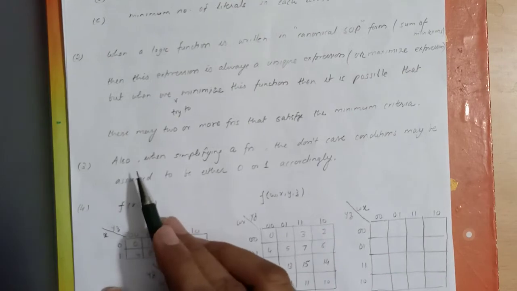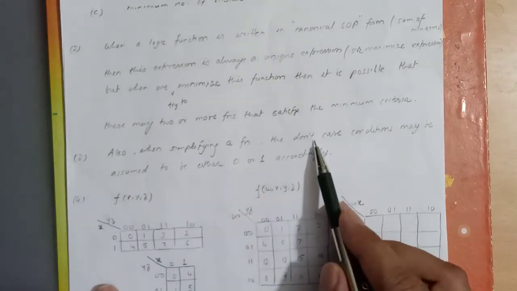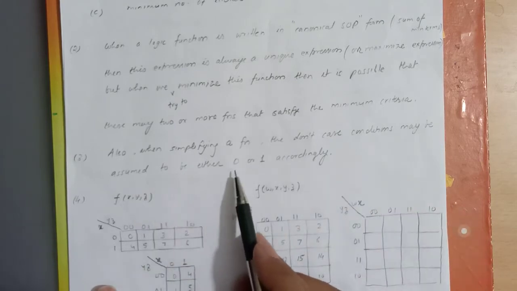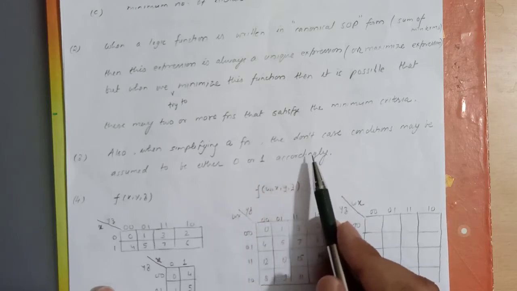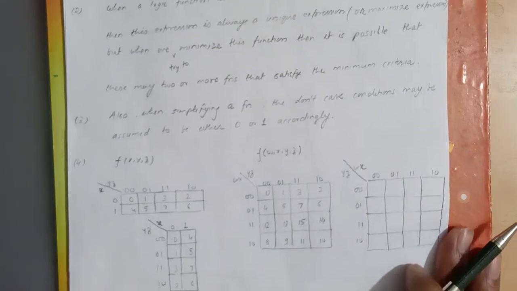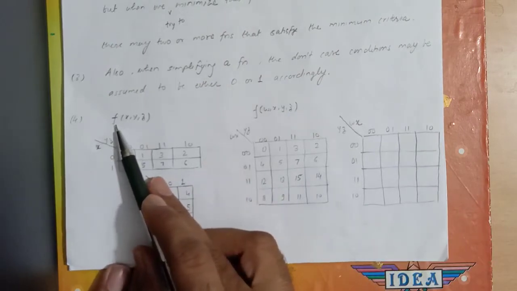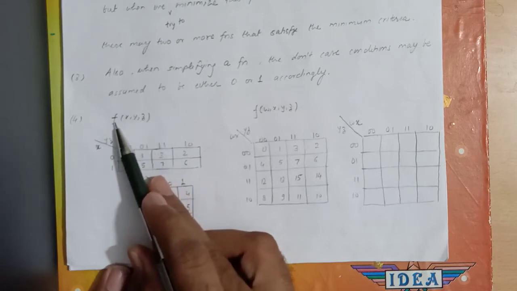Also we know that whenever we simplify any function, we can consider don't care conditions to be either 0 or 1 according to our convenience, to find the minimum expression. Also one thing we should remember: if any function is given, this is the order of the variables of this function.